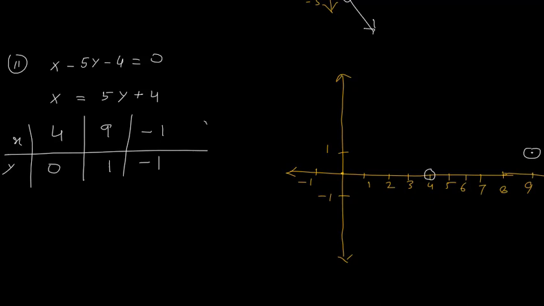That will be a point somewhere here. Now these 3 points, if you connect with scale, you will find that all the 3 points are in a straight line. So this is your equation x minus 5y minus 4 equal to 0.